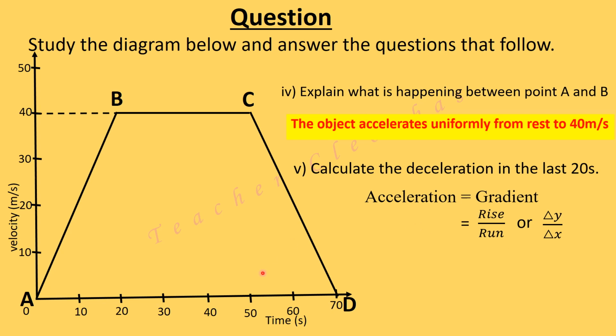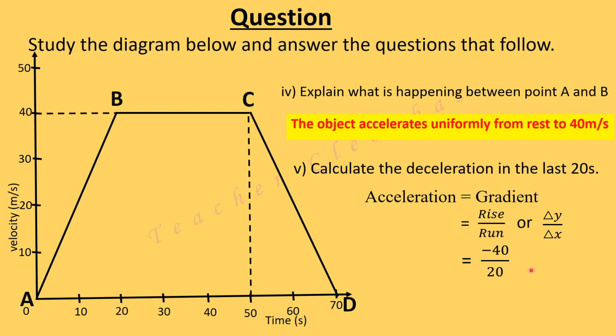The rise is simply from this point to this point, whereby we get 0 minus 40, which gives us negative 40 meters per second. What about the run or the change in x? This is simply 70 minus 50, which gives us 20. So we substitute for the rise and the run, like this. So the rise is negative 40 and the run is 20.